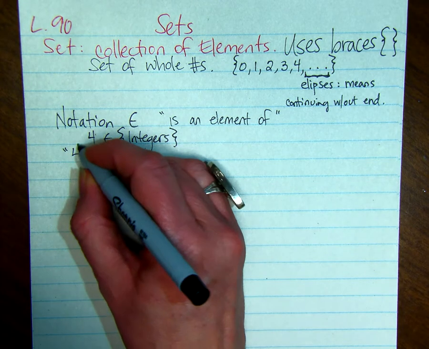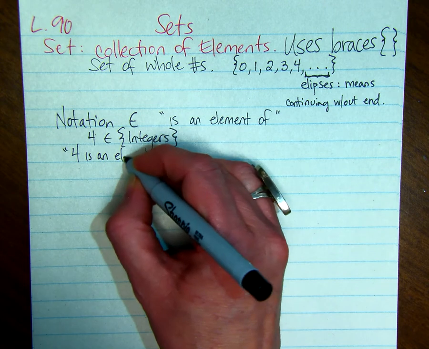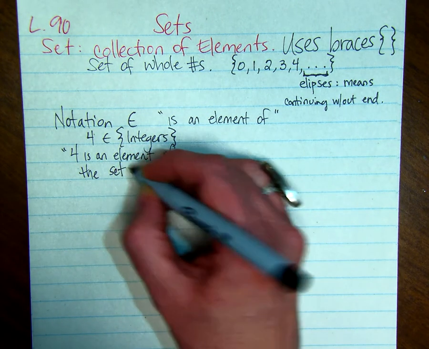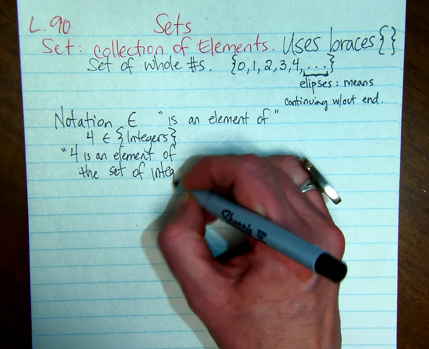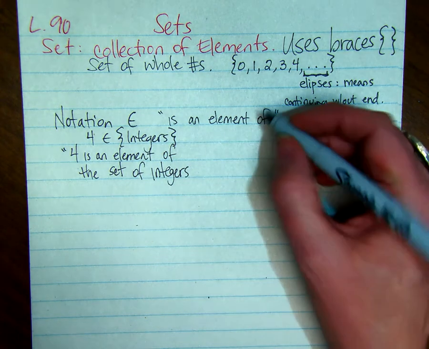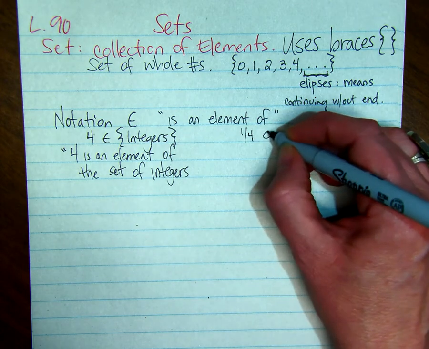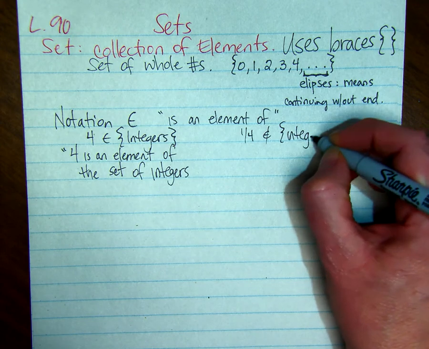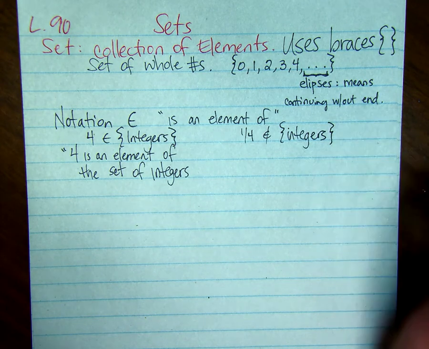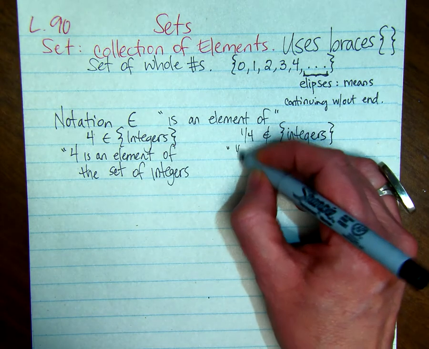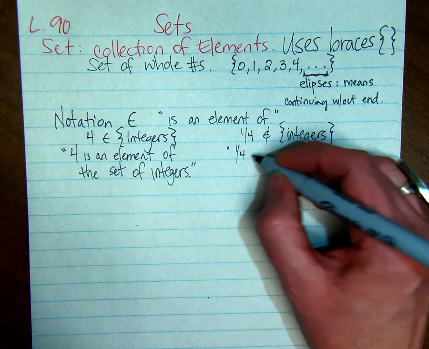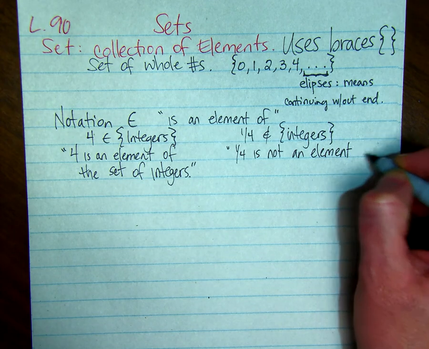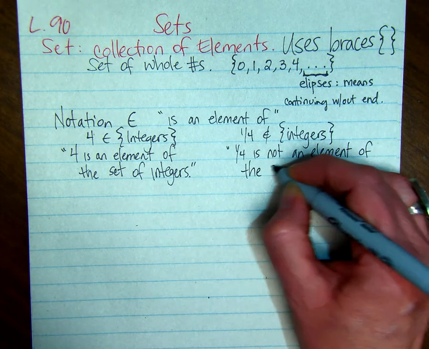The way we read it is 4 is an element of the set of integers. 1/4 is not an element of the set of integers. So this is how you read it: 1/4 is not an element of the set of integers.